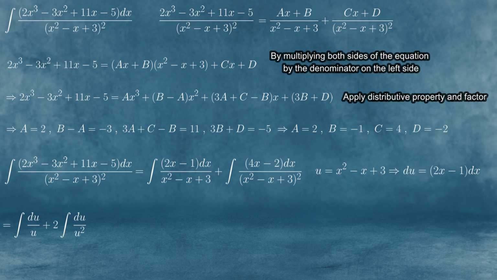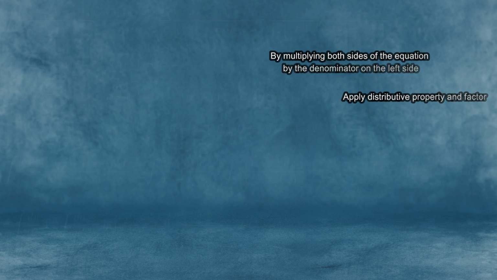Thus, those integrals will be equal to the natural logarithm of x squared minus x plus 3 minus 2 divided by x squared minus x plus 3 plus C. And this will be the final result for the original integral.